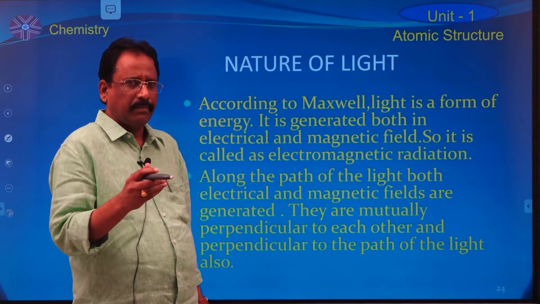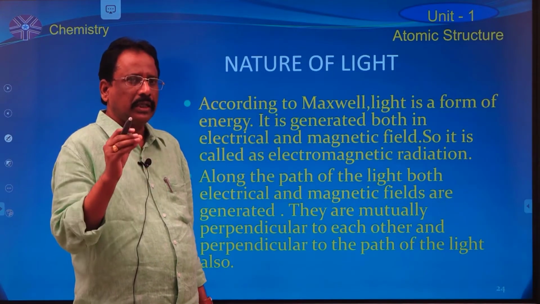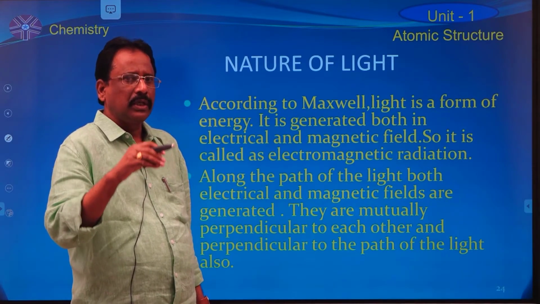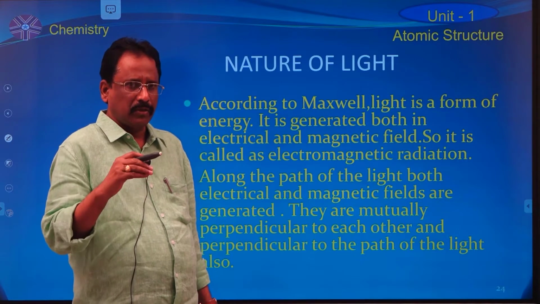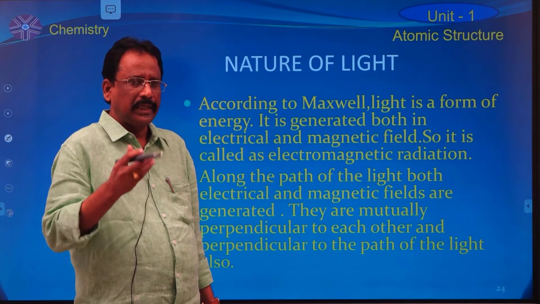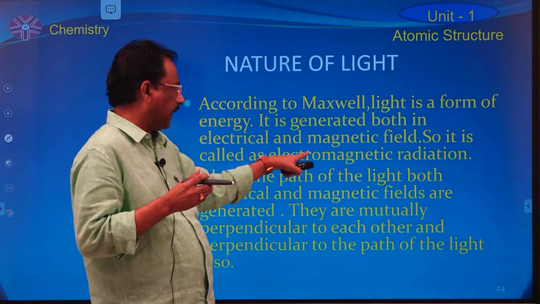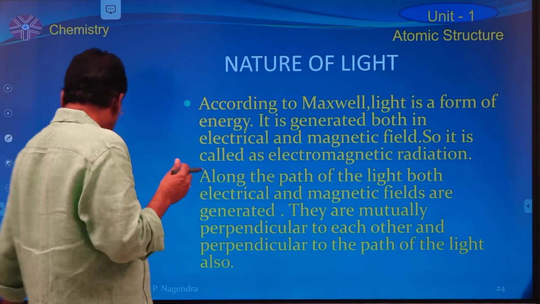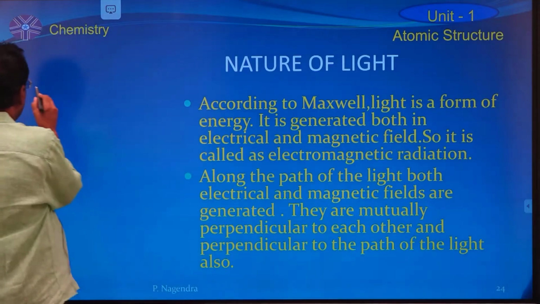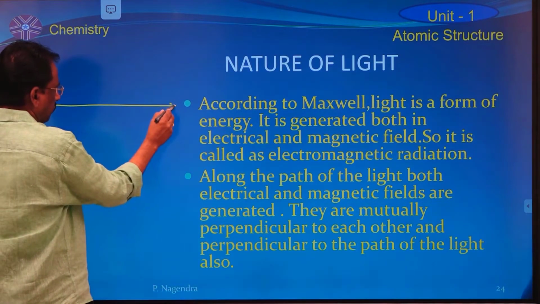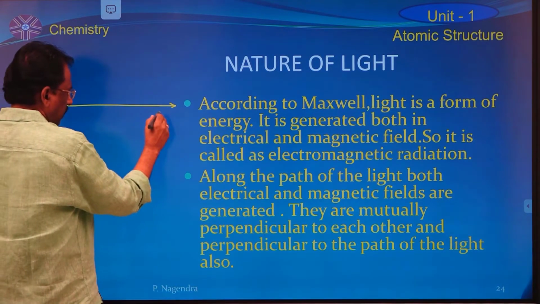At the same time, when a charged body is placed in a magnetic field, light is also generated. That's why, according to Maxwell, light is also called electromagnetic radiation.